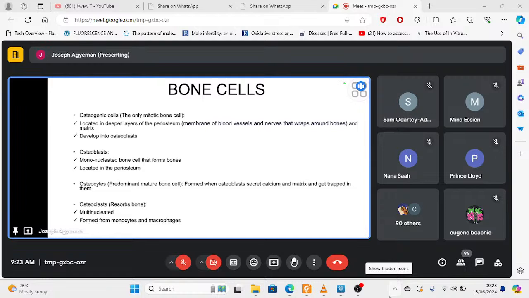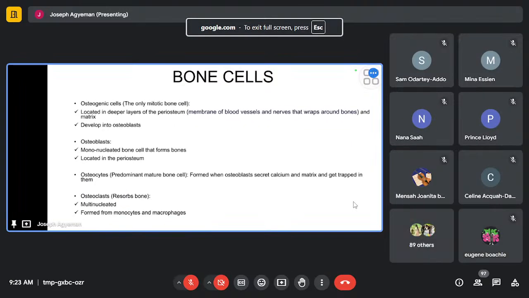And therefore, it's not surprising that they destroy the bone. So they cause bone resorption. Whilst the first three are trying to produce the bone, especially osteoblasts, osteoclasts will act in the opposite direction by causing bone degradation, also known as bone resorption.